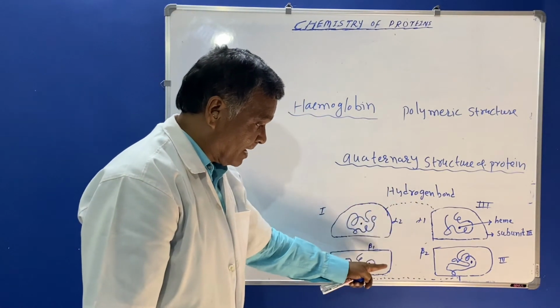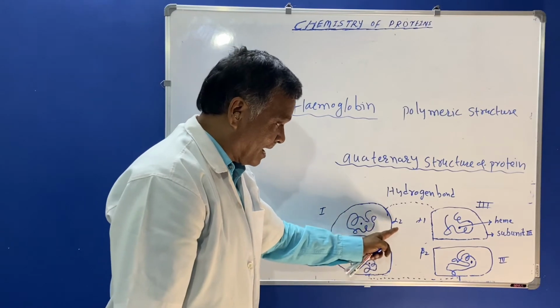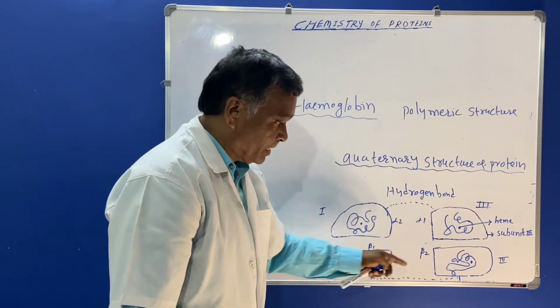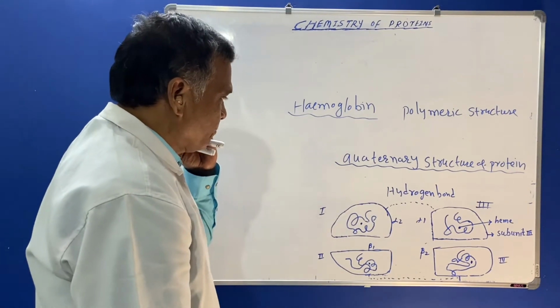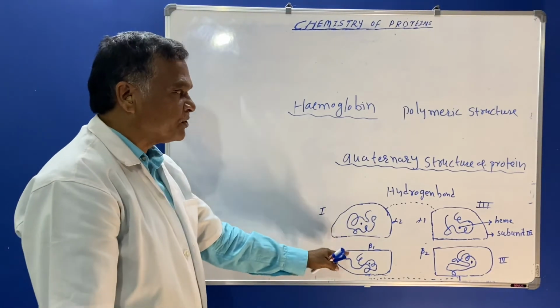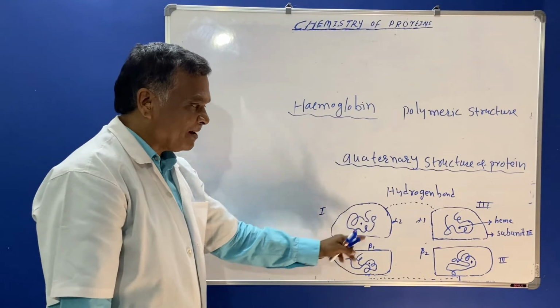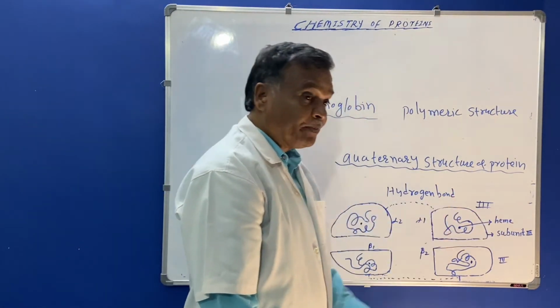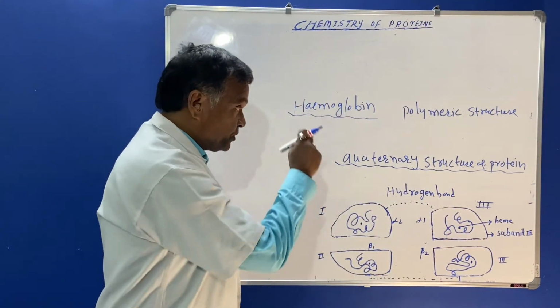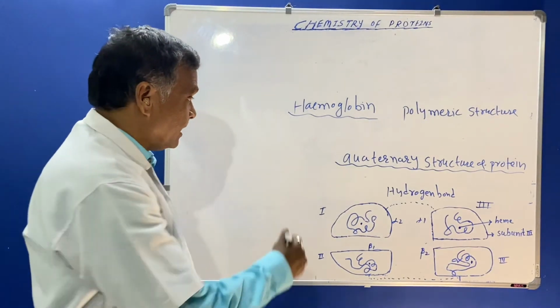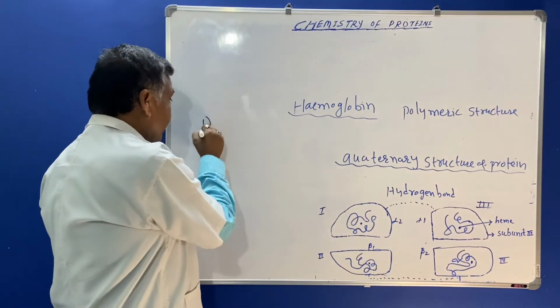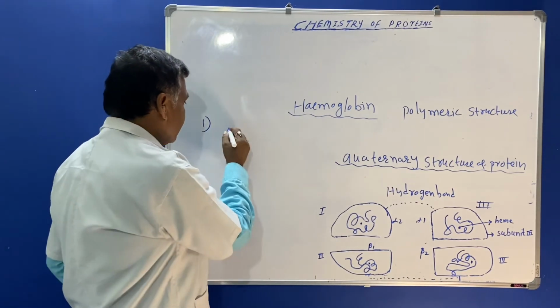Alpha 1, alpha 2, beta 1, beta 2 can also be present in such a manner. But you must know that hemoglobin has 4 subunits, which contain heme. And the structure of this hemoglobin is stabilized, just as I explained in the tertiary structure.